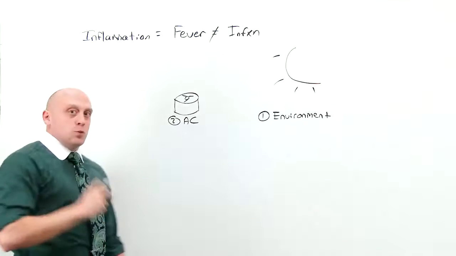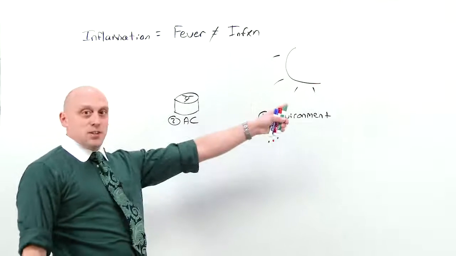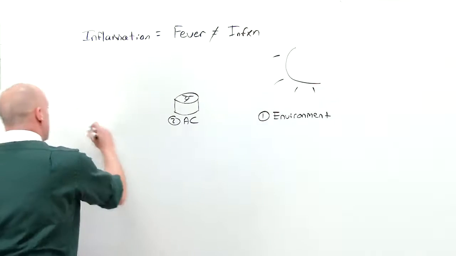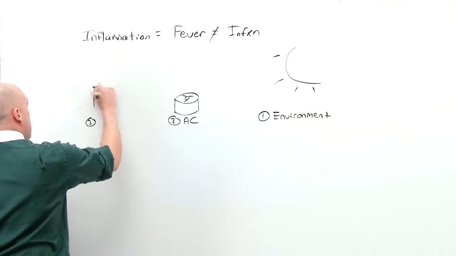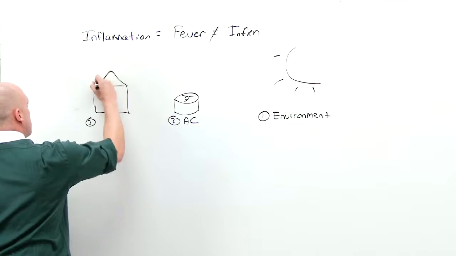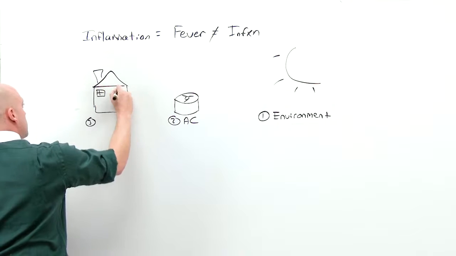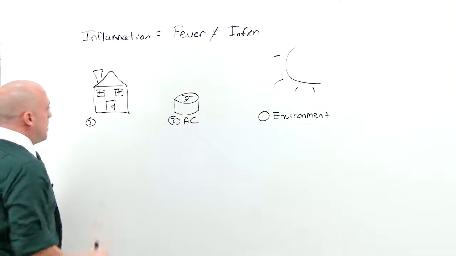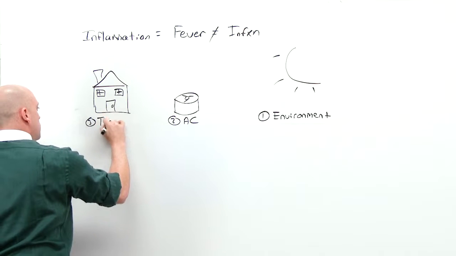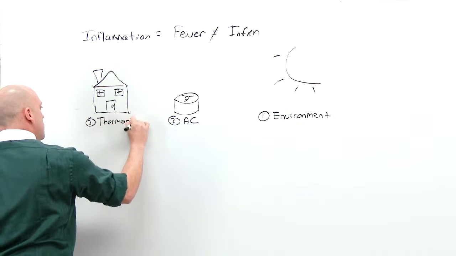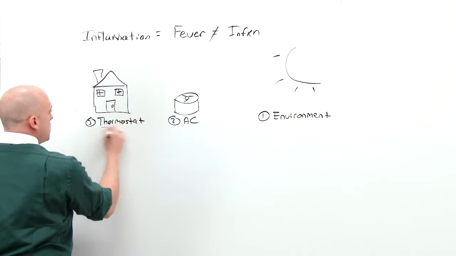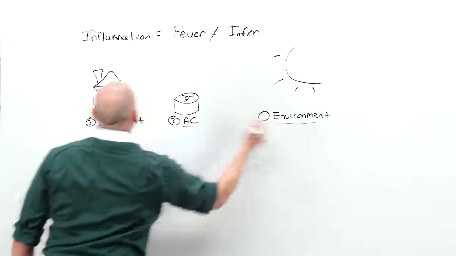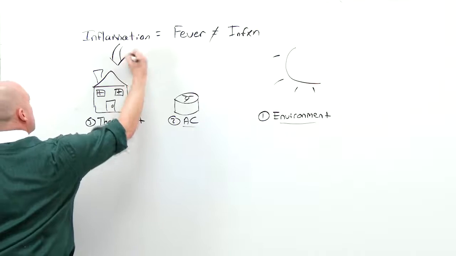But the air conditioner only runs if it's hot out and the thermostat is set. This is the house method. Inside that house is the thermostat. And the thermostat is reset to a different set point by cytokines, inflammation.